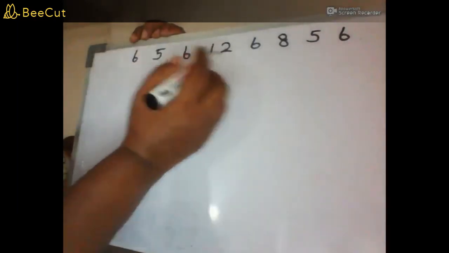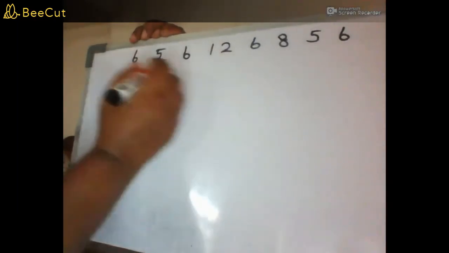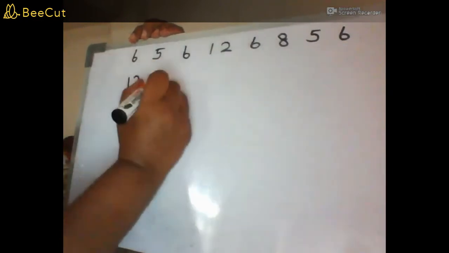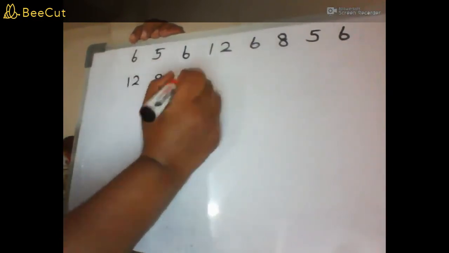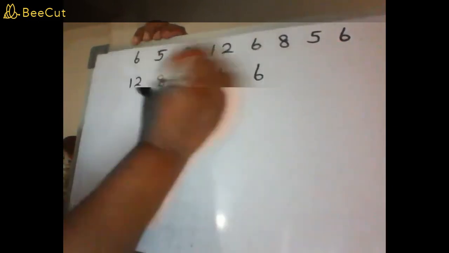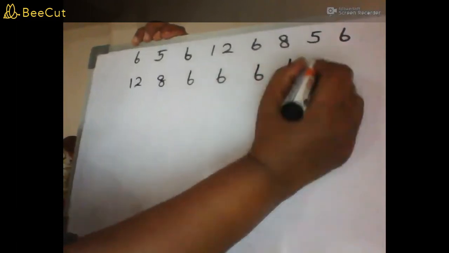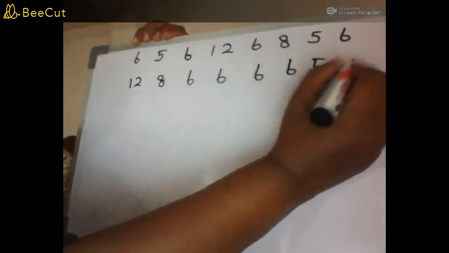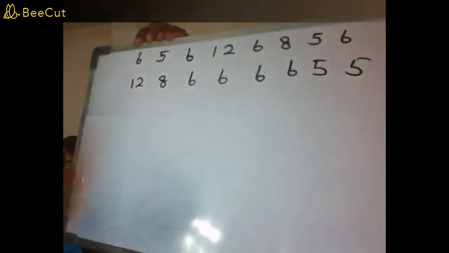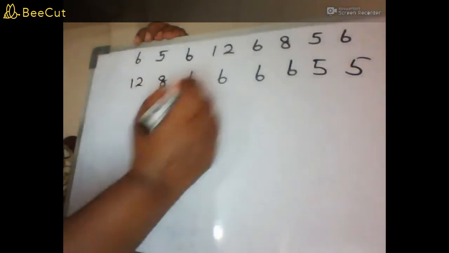Arranging: 12. Then what's the next value? 8. Then 6, 6, 6, 6, 5. Here you can easily see. That's why I said arrange the data, right, in the first paper. Now what is the mode?